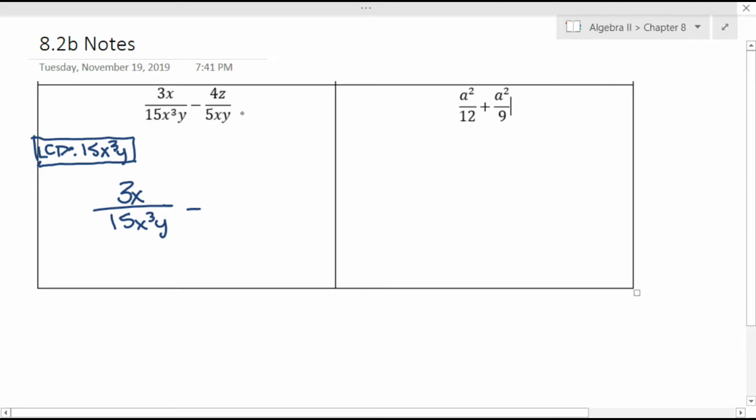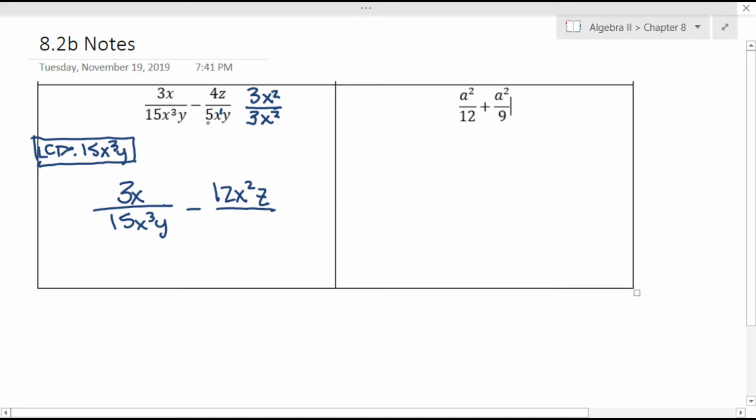Now on the bottom, on this side, I need this one to be an x cubed. It's already an x to the first, so I need to multiply by an x squared. And 5 times what is 15? It's 3. So I need to multiply the top and the bottom by 3x squared. 3 times 4 is 12. I have my x squared and a z.